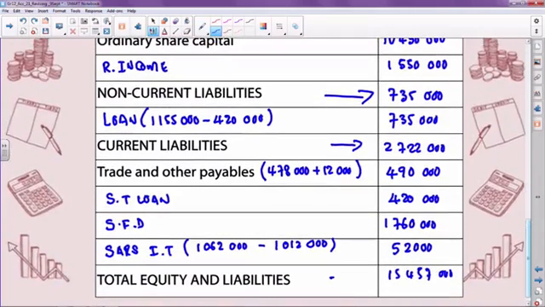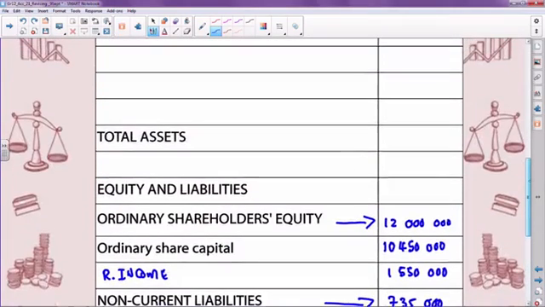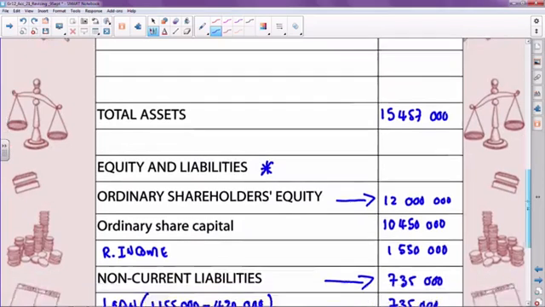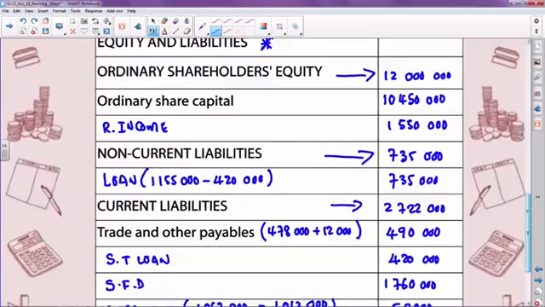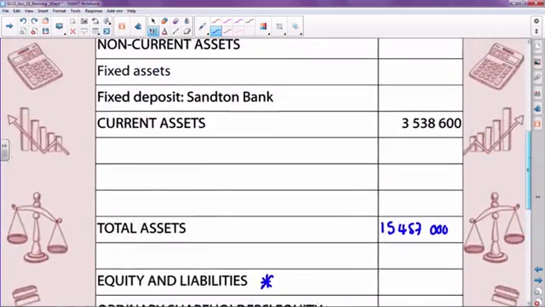Obviously, that will give you a total of 15,457,000. Very important: 15,457,000, that's the principle of the balance sheet, that the total of your equity and liabilities must be equal to your total assets. So once you've calculated this to be 15,457,000, you take that same figure and slot it in as your total assets.